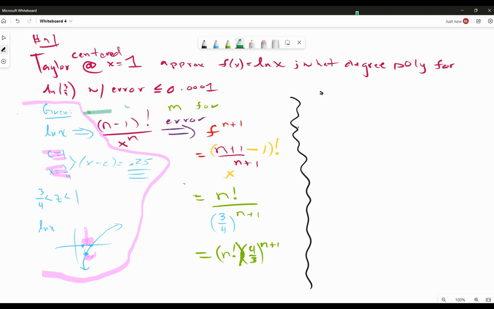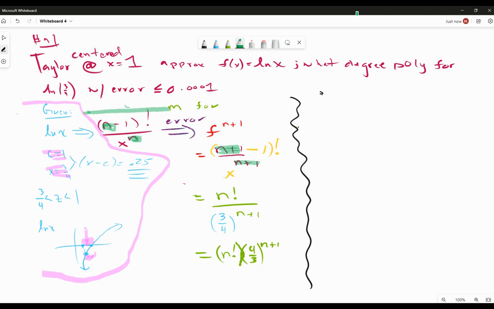As I move this way, I'm working from this general formula, but remember the error is for the next term in the Taylor series. So it's f of n plus 1. I took n plus 1 and plugged it in for all the n's right here, right here, and right there.